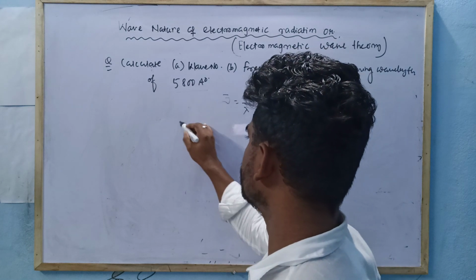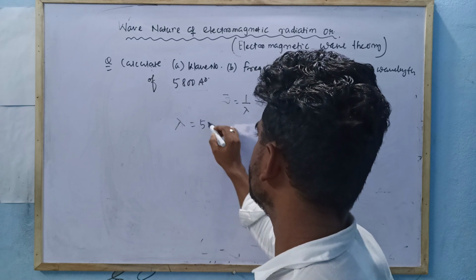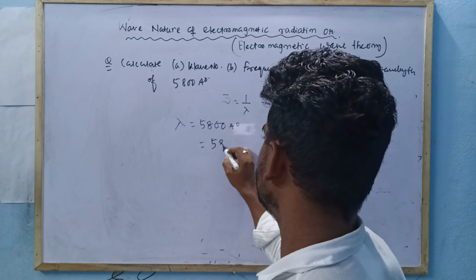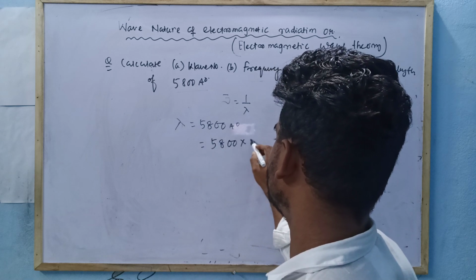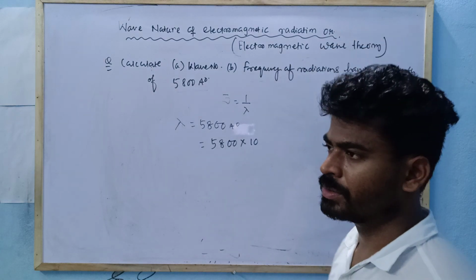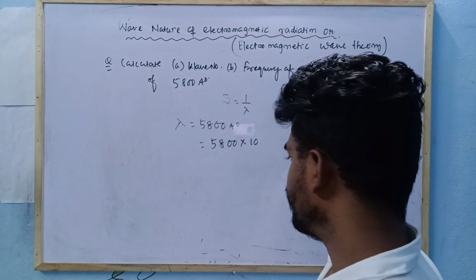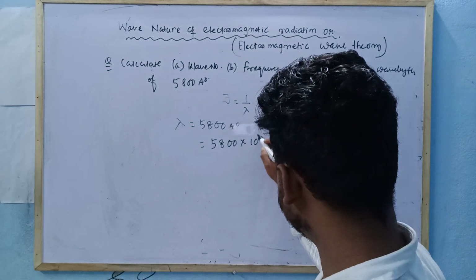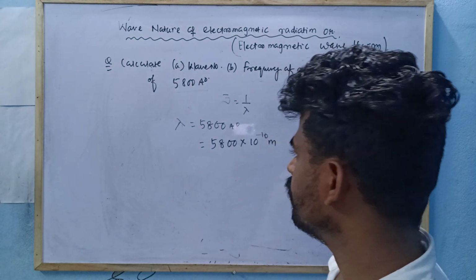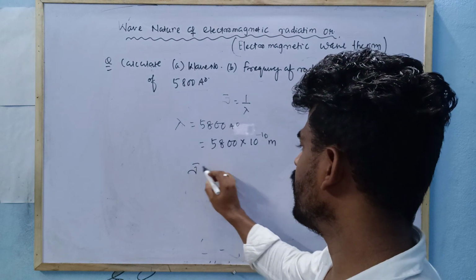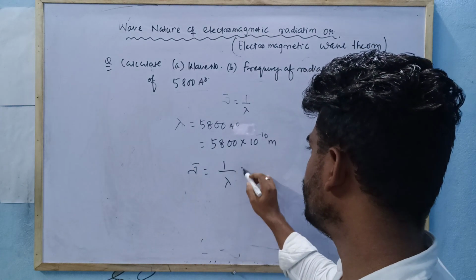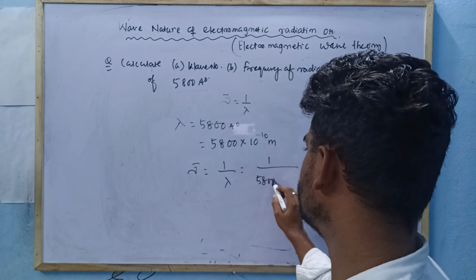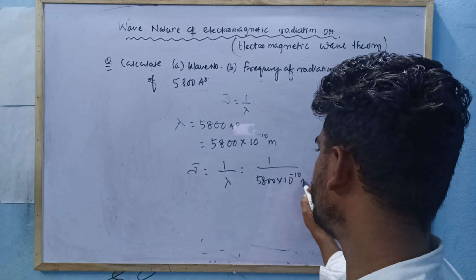First convert this wavelength lambda, 5800 angstrom, into SI unit: 5800 into 10 to the power minus 10 meter. So wave number nu bar is 1 by lambda, 1 by 5800 into 10 to the power minus 10 m.